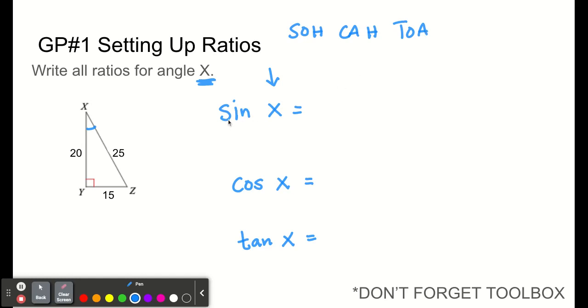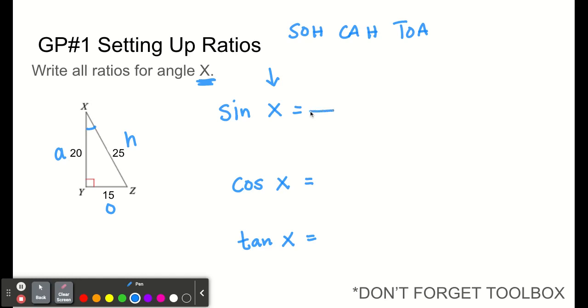So the sine ratio is equal to the side opposite of the angle to the hypotenuse of the triangle. Let's go ahead and label our sides using x as our reference angle. We know that the side opposite of the right angle is the hypotenuse. From angle x, this would be the opposite side. From angle x, this would be the adjacent side.